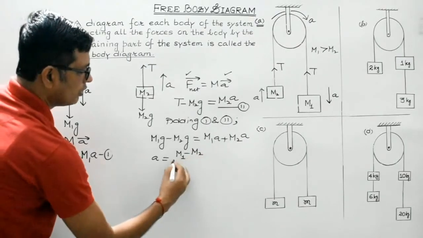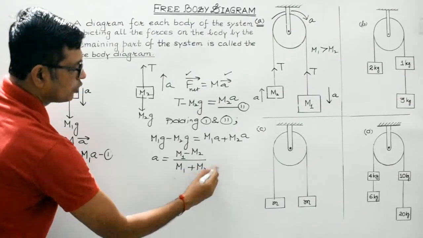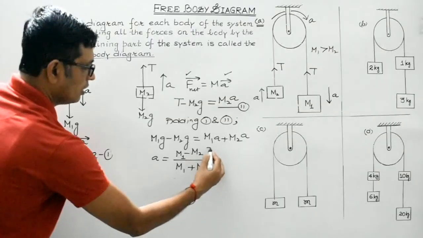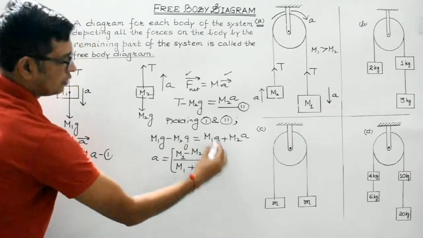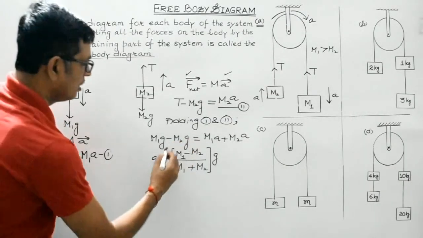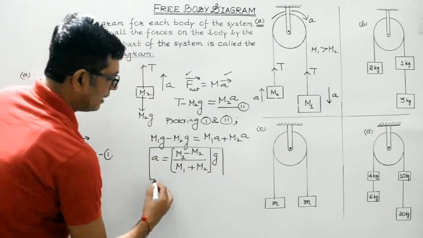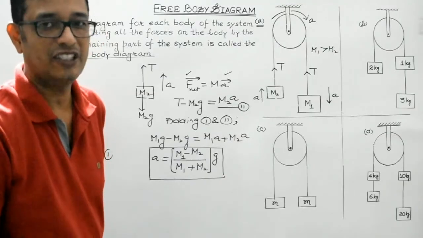Here A can be taken as common, so inside the bracket it will be M1 plus M2, multiplied by, here G is common. So rearranging the terms, we get acceleration equal to M1 minus M2 divided by M1 plus M2 multiplied by small g, which is the acceleration due to gravity.